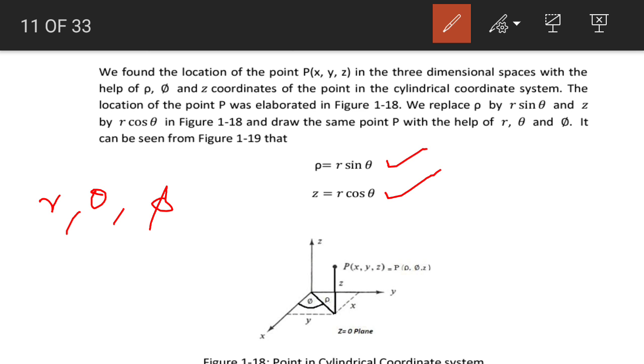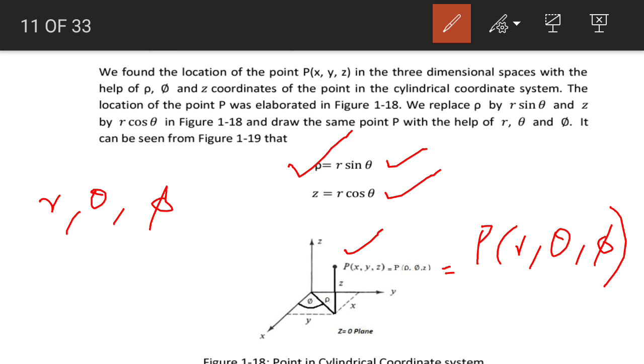So we can consider the same point in terms of r, theta and phi as well. You see, we draw a line in the z is equal to 0 plane such that the length of this line is equal to r sine theta, and this line makes an angle of phi with respect to x-axis.